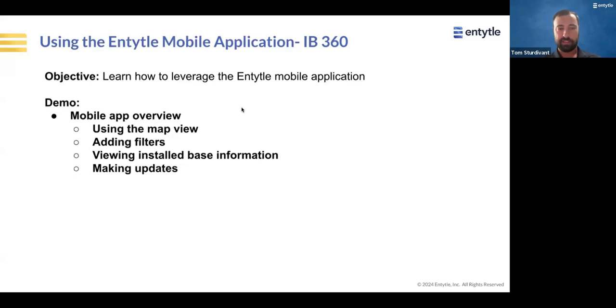So with that, I'm actually going to go ahead and stop sharing my screen here and switch over to our mobile app so that I can demo this actually with the Entytle mobile application. So just bear with me one second here as I switch over my screen to the mobile app.